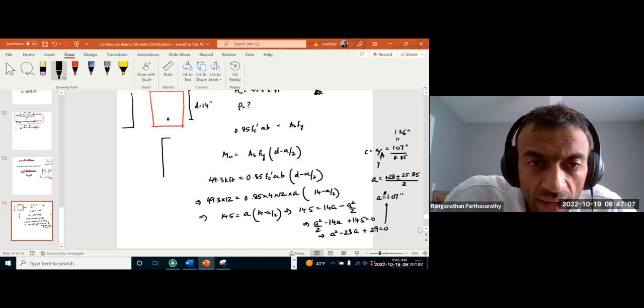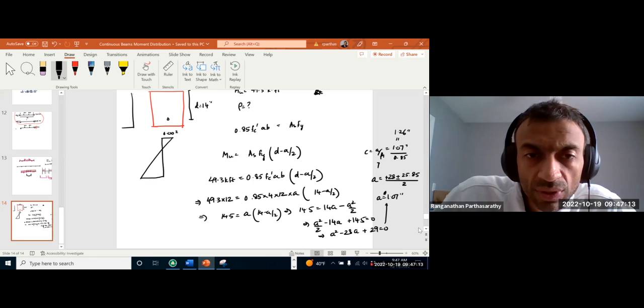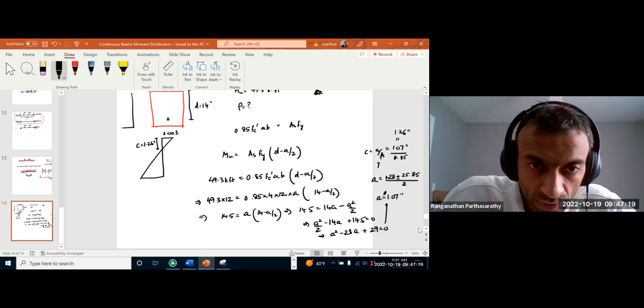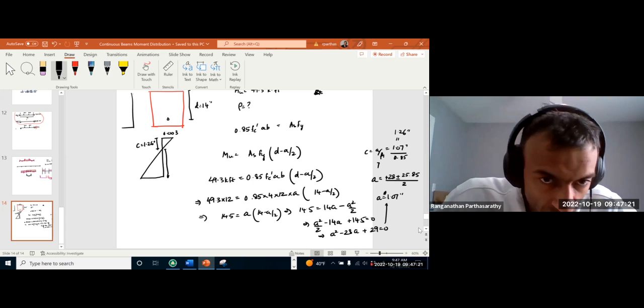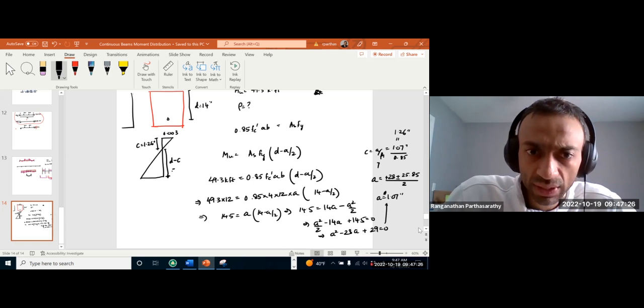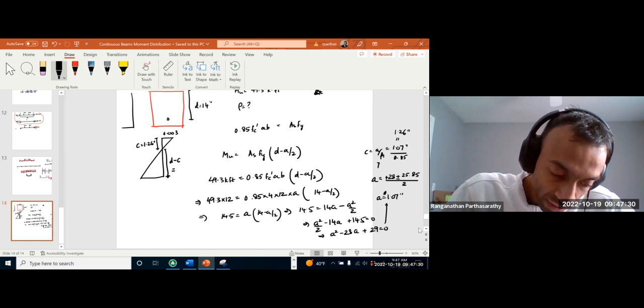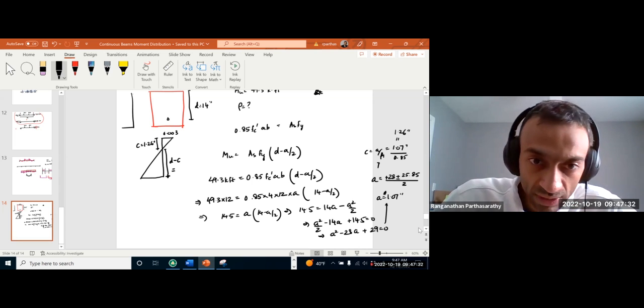Now we have 0.003 as the strain at the top, and this is c, that is 1.26. This is d minus c, which is 14 minus 1.26, 12.74.